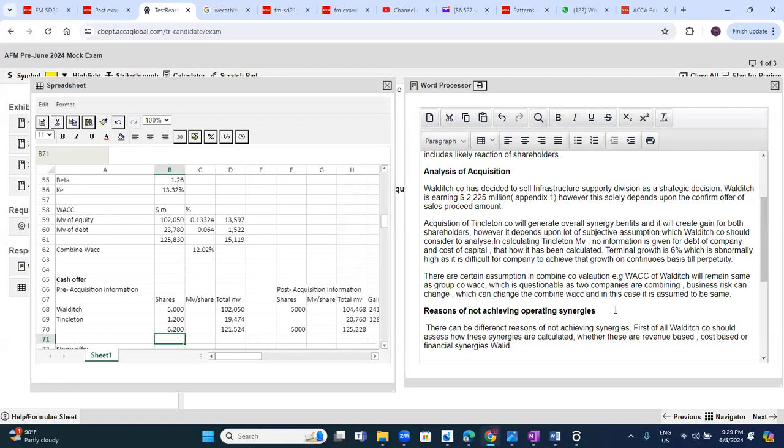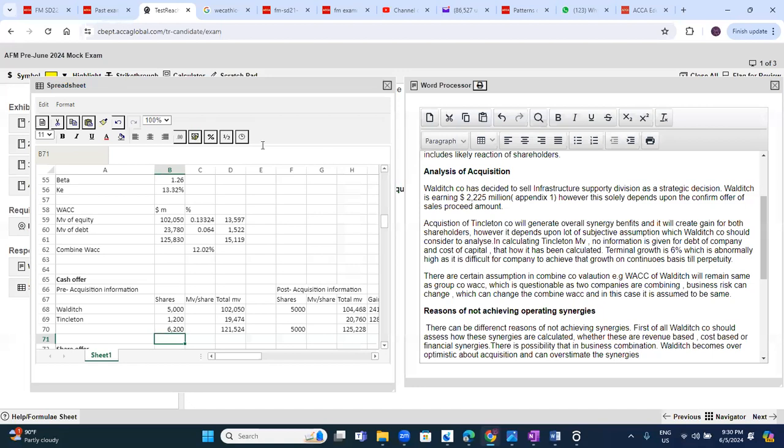W company should identify, you can write in this way. There is possibility that in business combination, acquirer becomes over optimistic about acquisition and can overestimate the synergies.